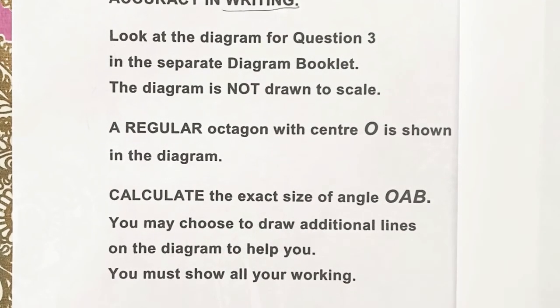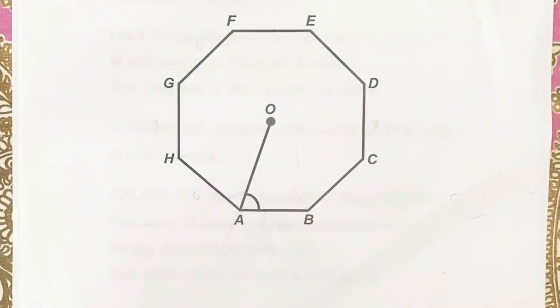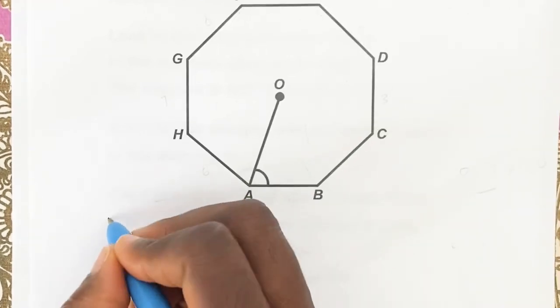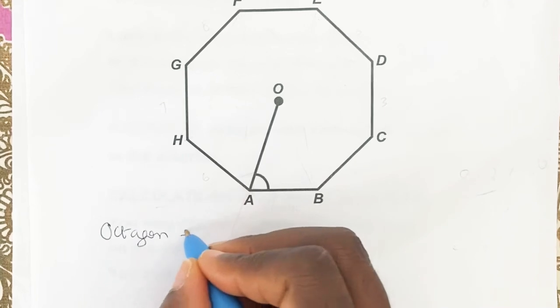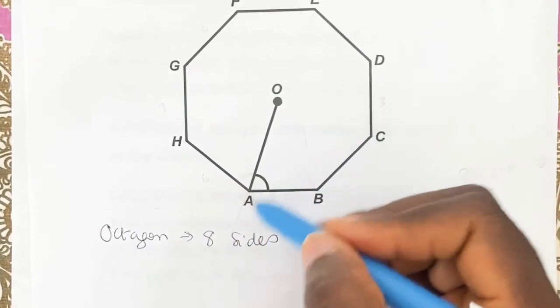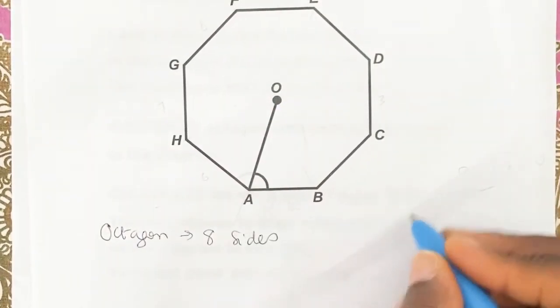So let's do this. Well, this is an octagon, with 8 sides. The total of the exterior angles is always equal to 360.